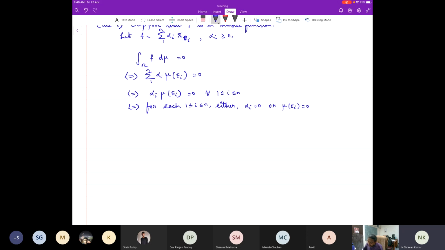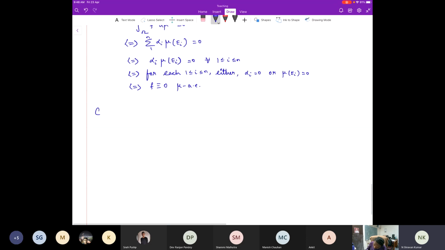If alpha i is non-zero, then mu of Ei is 0, which means that wherever f is non-zero, the measure of that set is 0, which is equivalent to saying that f is identically 0 mu almost everywhere. Now let's look at case 2.